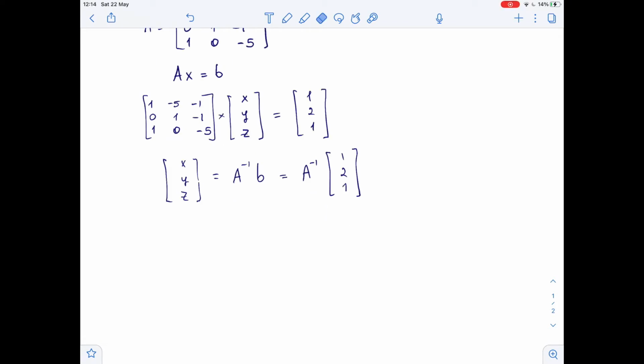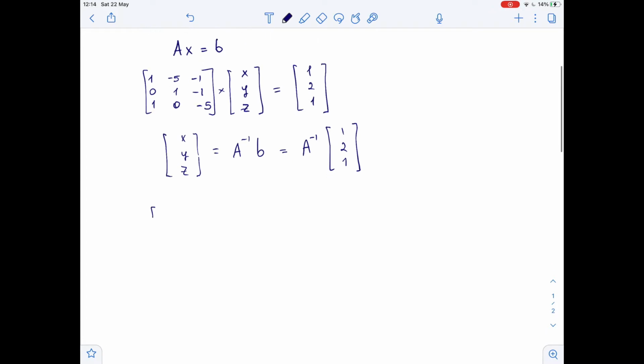Okay, so now we need to find the inverse of matrix A, and we will do that using elementary row operations. So let's write down matrix A and the identity matrix.